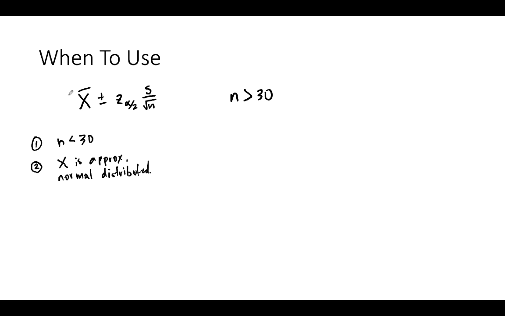So this formula is going to change, but notice it's going to change very slightly. When we're constructing an interval using the Student's t, when we don't have a sample size of 30 or more, this is where the name t comes from, this little variable here.